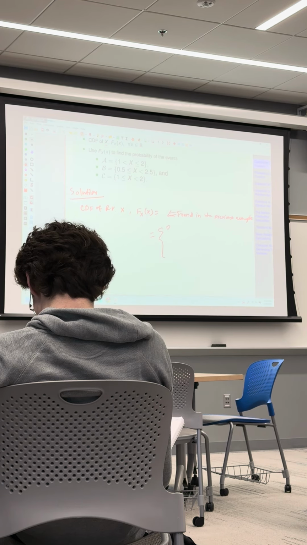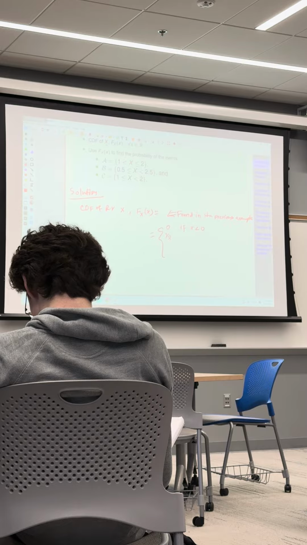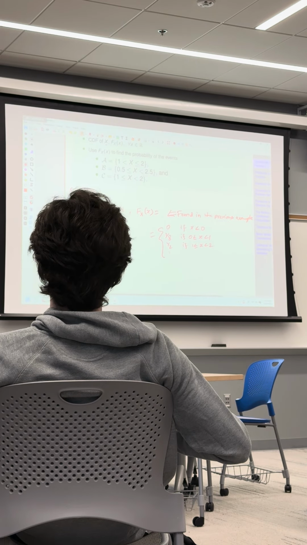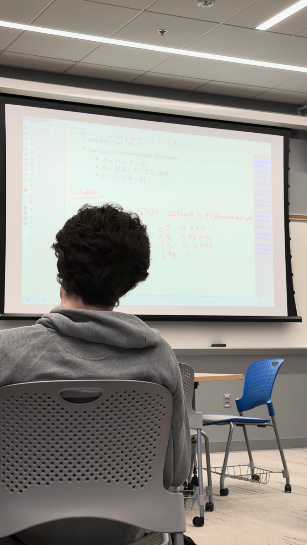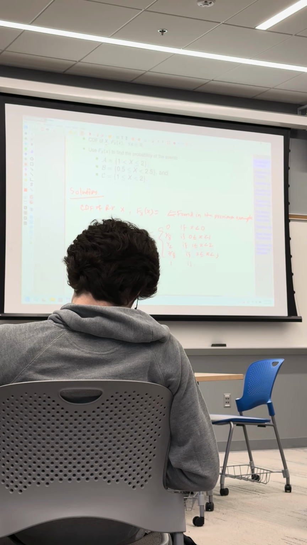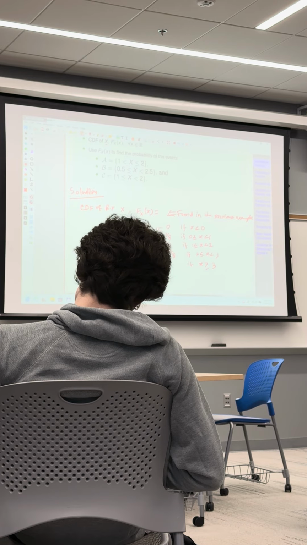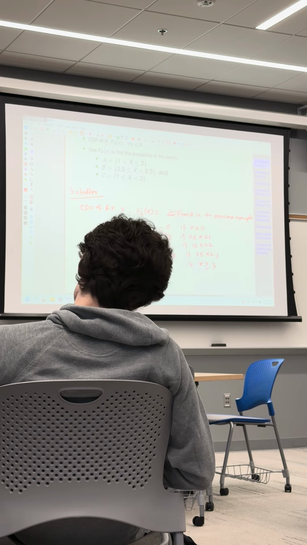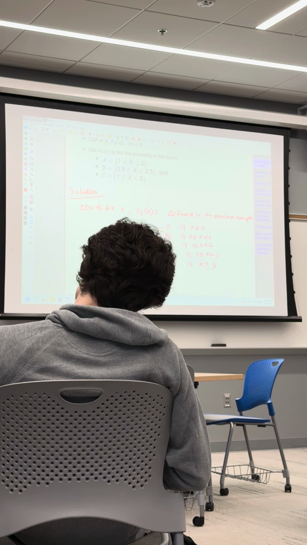It is 0 if x is less than 0. It is 1/8 if 0 is less than or equal to x less than 1. It is 1/2 if 1 is less than or equal to x less than 2. It is 7/8 if 2 is less than or equal to x less than 3. And it is 1 if x is greater than or equal to 3. So mathematically we did that, and we have the jump plot as well.